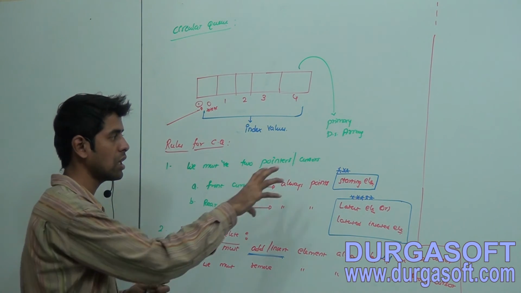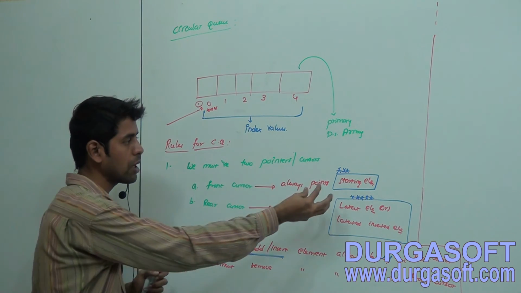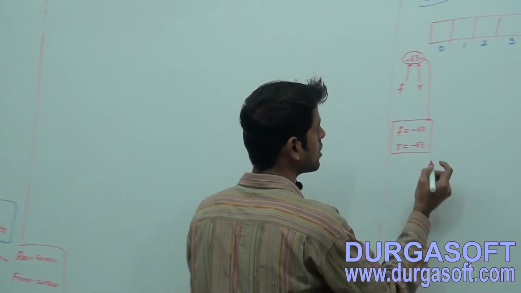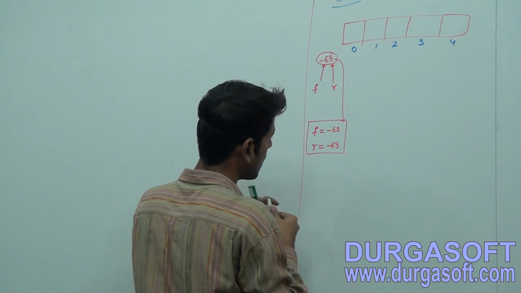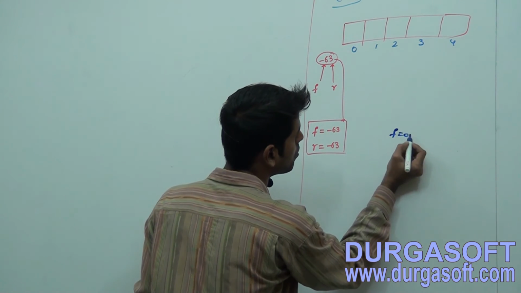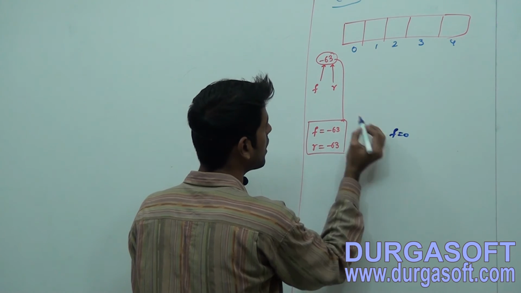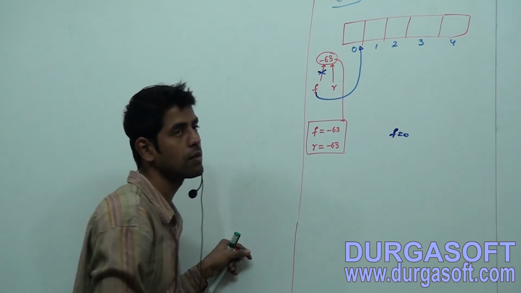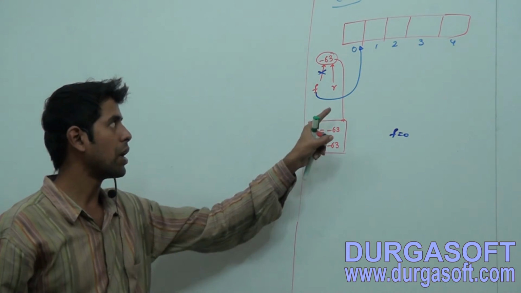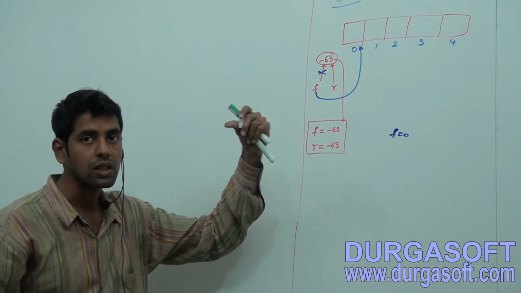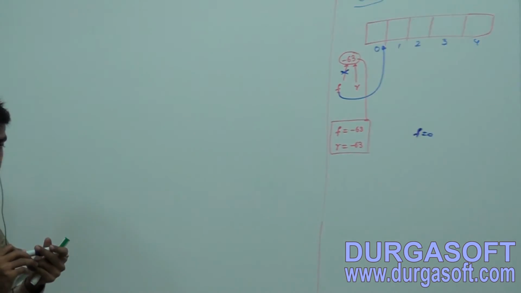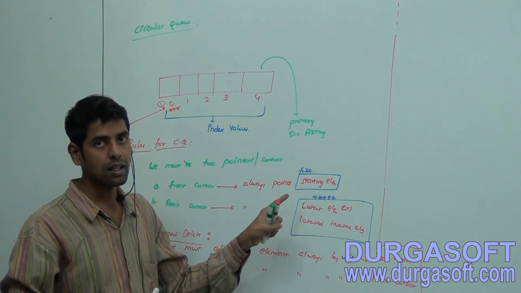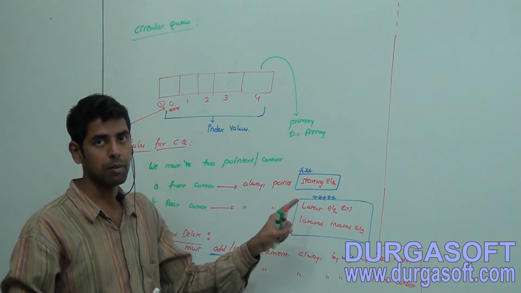Observe, which is invisible here, how I am highlighting that one. If front value is 0, what is the meaning? F is not pointing to minus 63, it is pointing to 0, right? It gives us the sense that front always points to the starting element or beginning element.